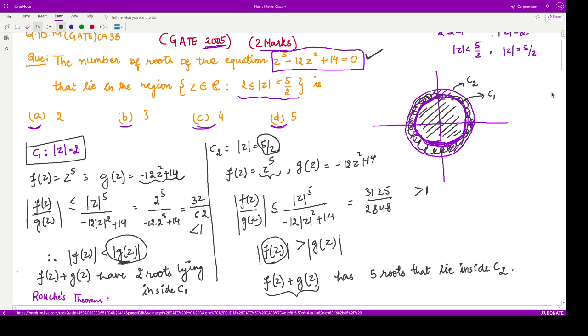So all in all, we have 5 roots in C2 and 2 roots in C1, so in effect we would have 5 minus 2, that means 3 roots in the annulus region which is given to us in the question. So our answer here is option number B.